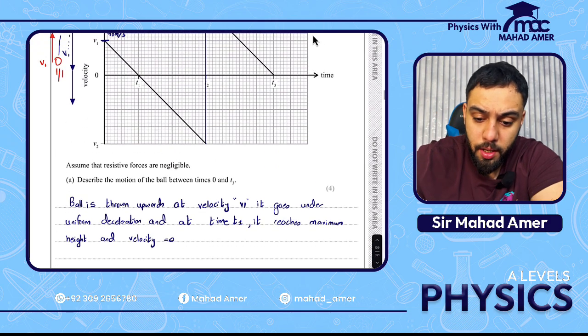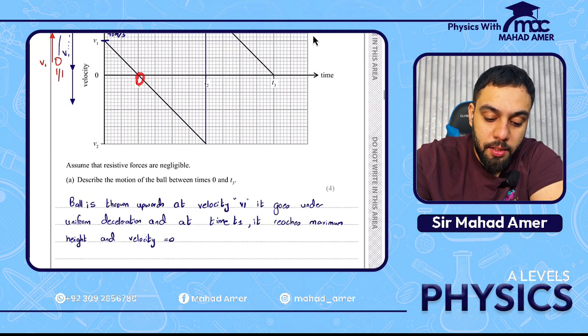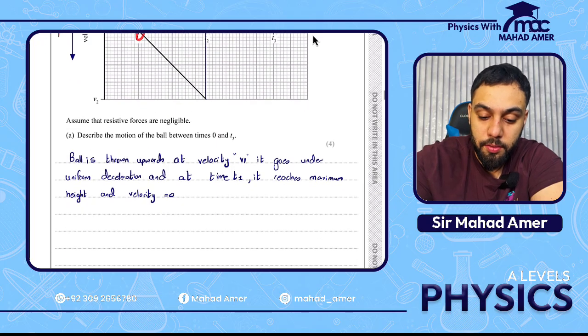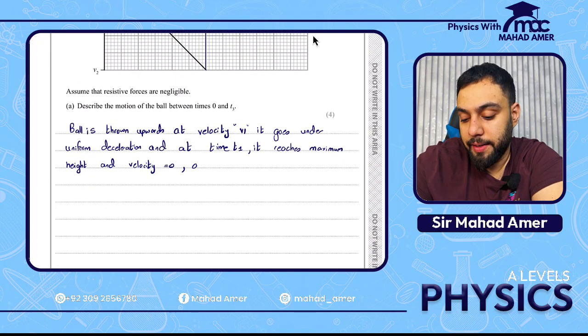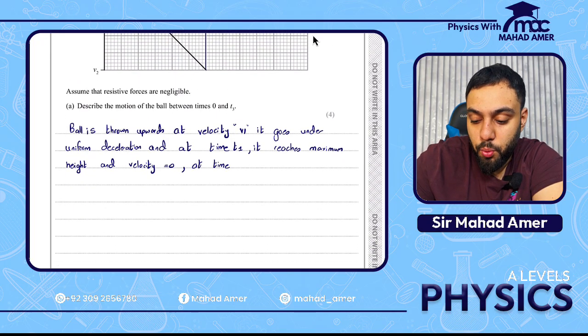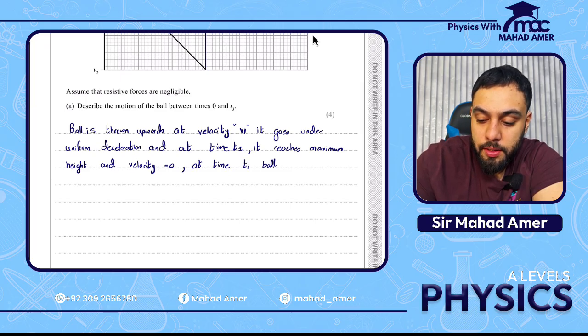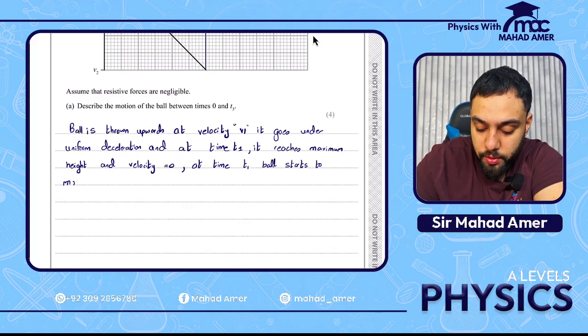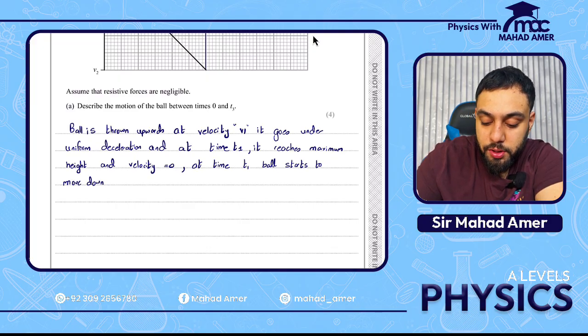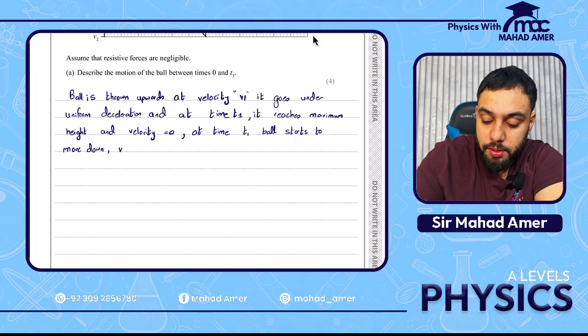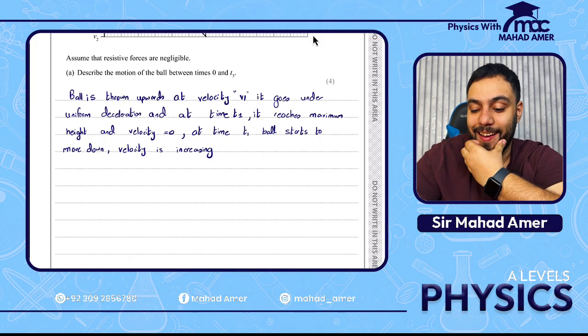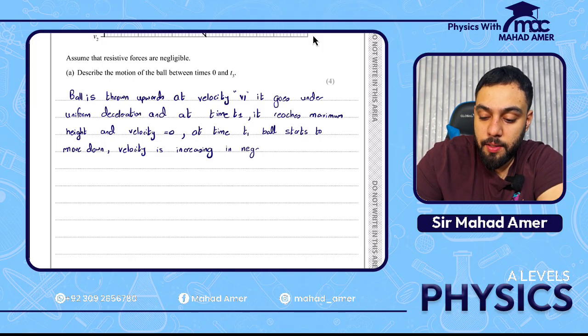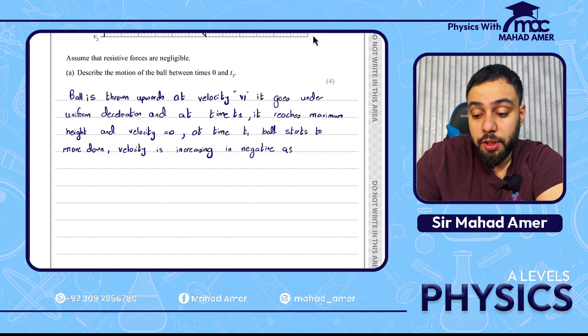Now at time t1, the ball starts to come down. At time t1, the ball starts to move down, velocity is increasing in negative as the direction of motion has changed.